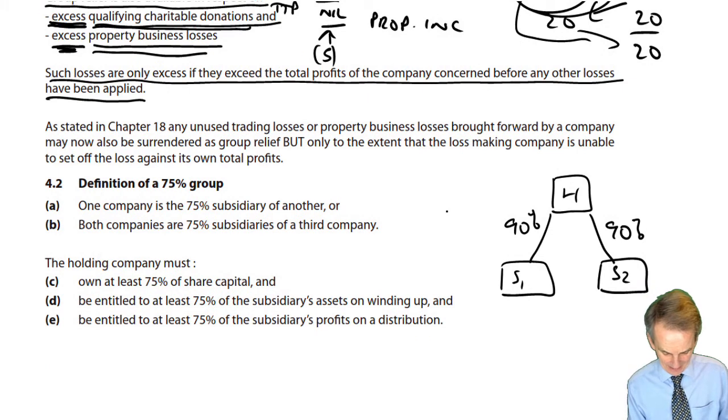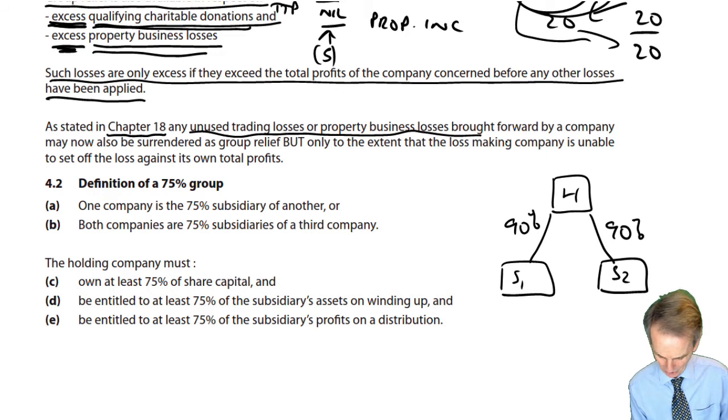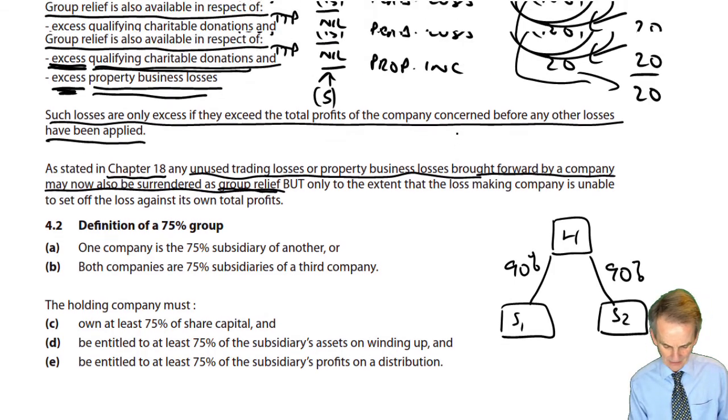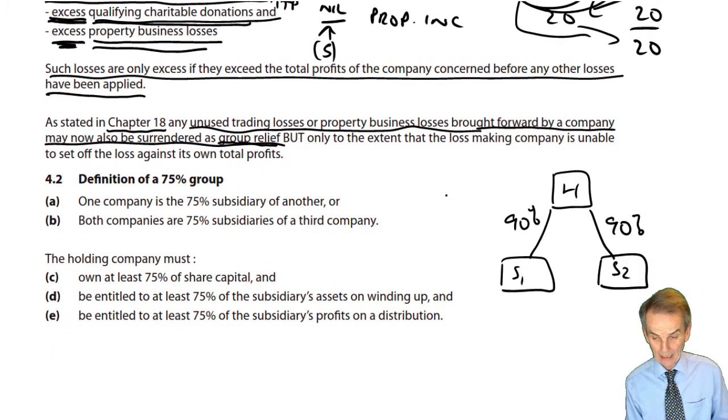As stated in Chapter 18, we reminded ourselves of that a moment ago, any unused trading losses or property business losses brought forward by a company may now also be surrendered as group relief. We were focused up here on talking about current year trading losses, and until just a few years ago, that was the only loss that could be group relieved.